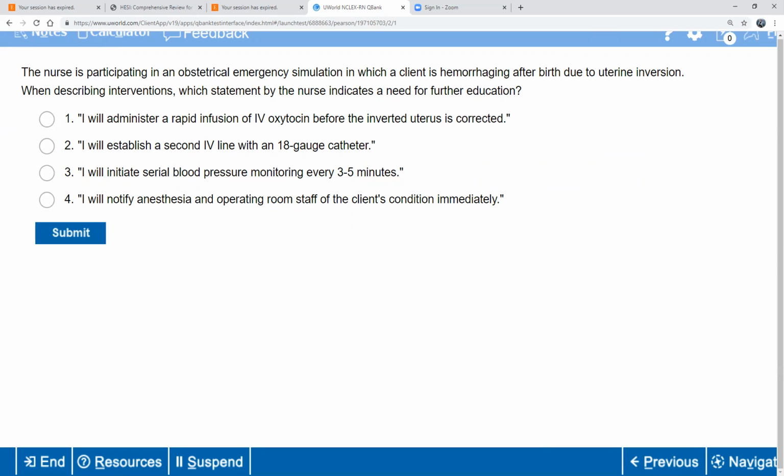Number 4. So a need for further education. You're not going to do number 4? Oh yeah, I will do number 4.